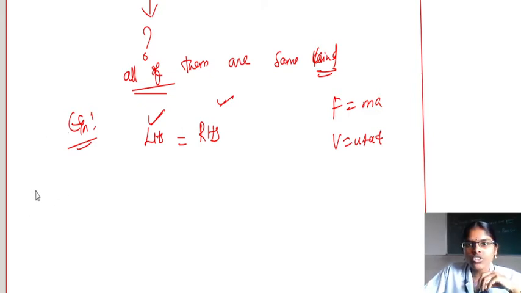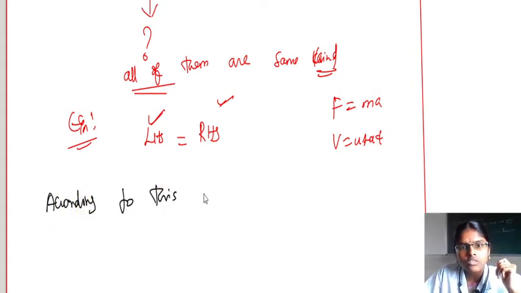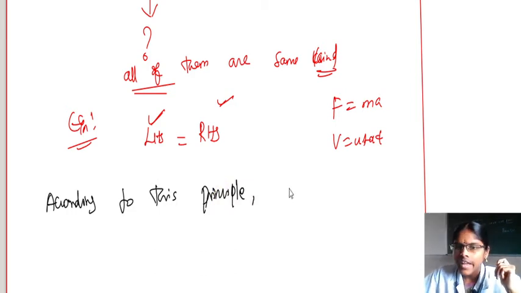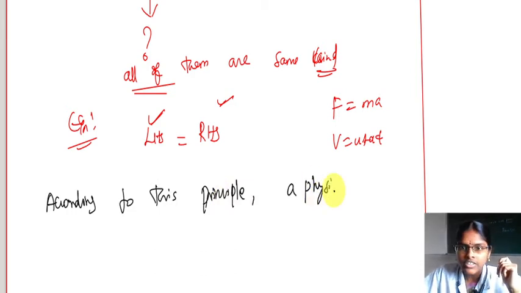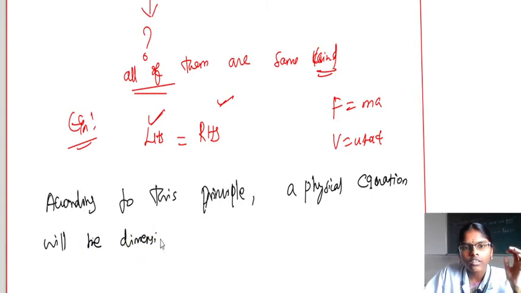Now I'm going to tell you the exact principle in exact words. Just write down the principle. According to this principle, a physical equation will be dimensionally correct. When will it be correct?